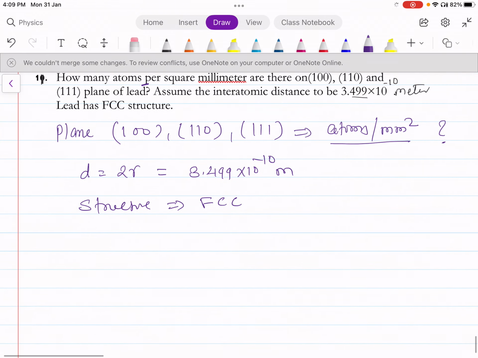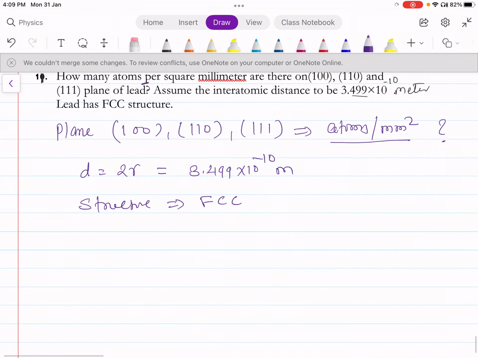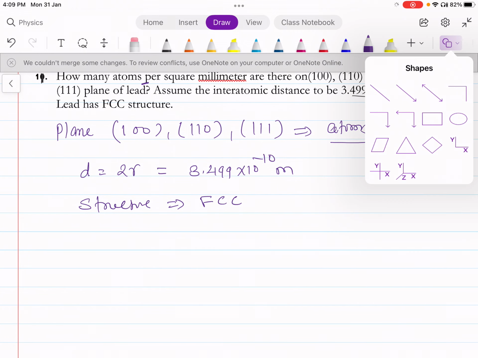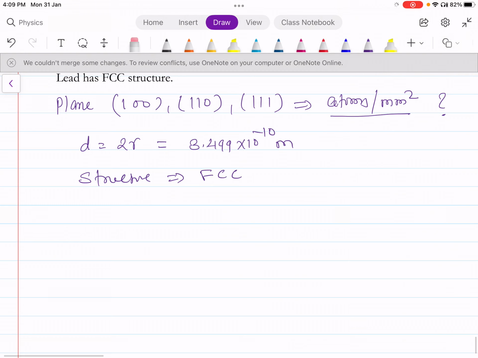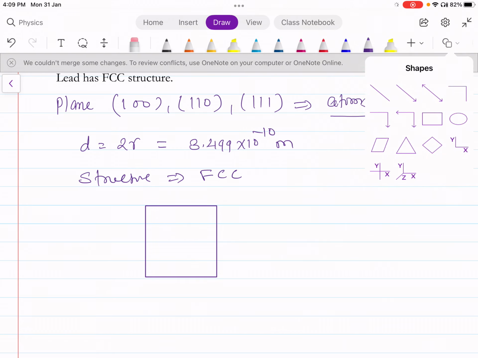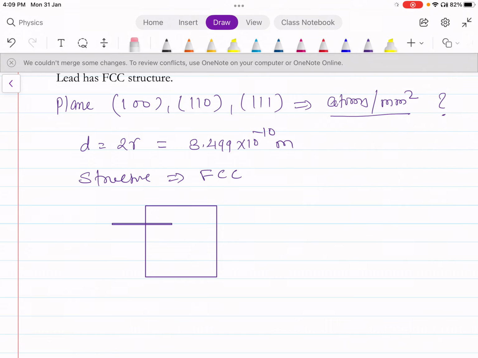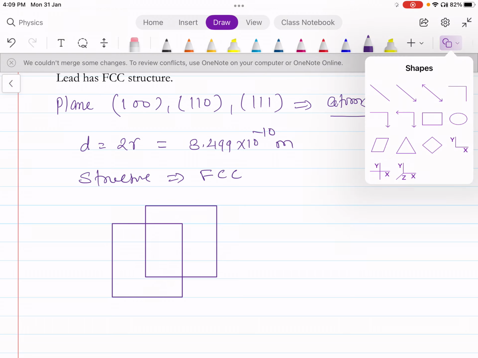So first I have to show you the 100 plane in the unit cell. So I am drawing the 100 plane in the unit cell. Let's say this is the unit cell.